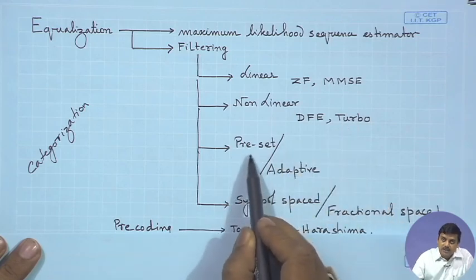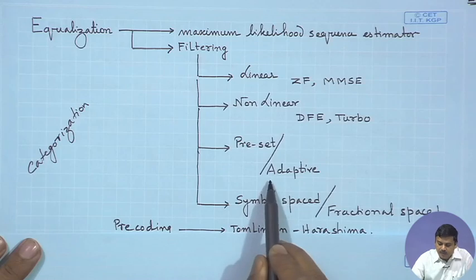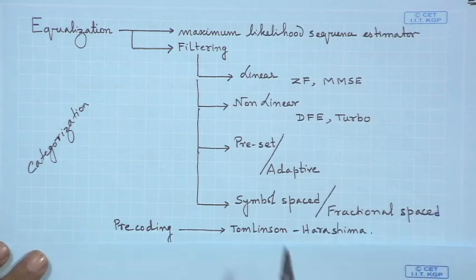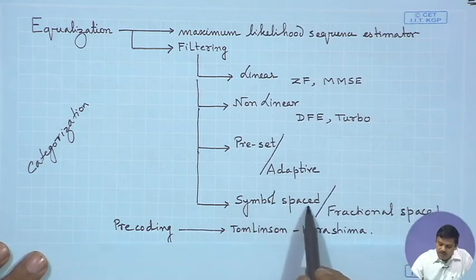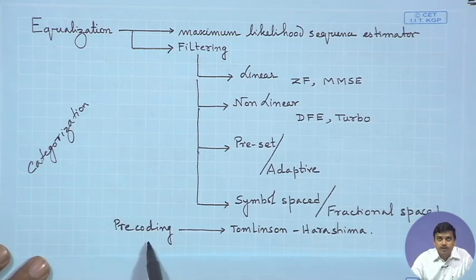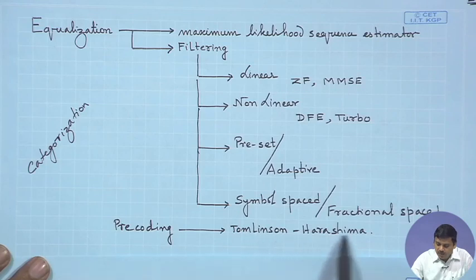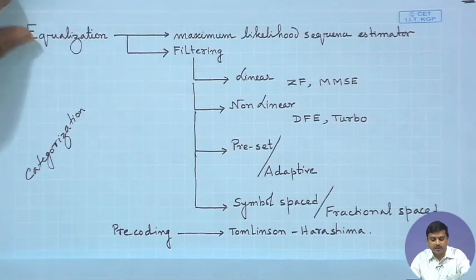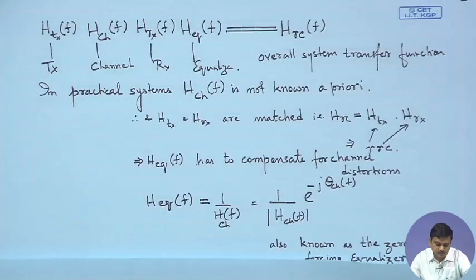It could be categorized as preset, that means fixed, or adaptive. We will partially see some form of adaptive equalization, and it could be symbol spaced or fractionally spaced. Further, you could also use precoding techniques. One famous precoding technique is the Tomlinson-Harashima precoding. We have already seen one precoding technique in the earlier discussion.